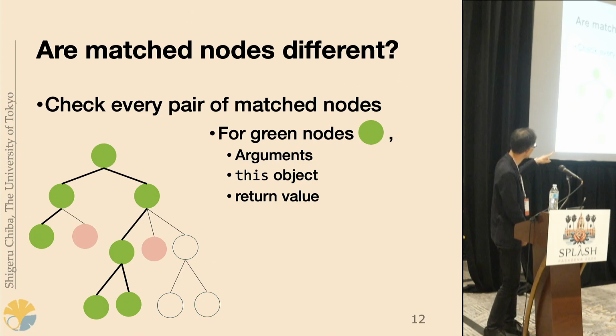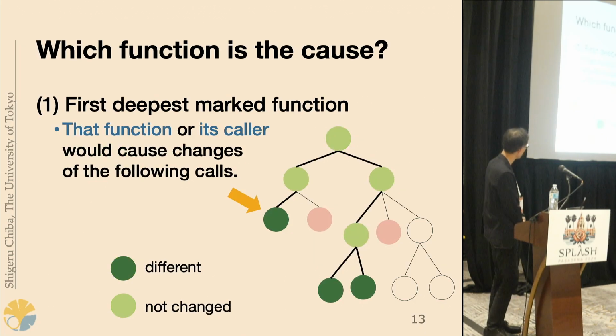So okay, in this phase, unmatched nodes are ignored. The tool only checks the green nodes, the matching nodes, and then it recognizes which nodes are the same, which nodes don't change, and which nodes change.